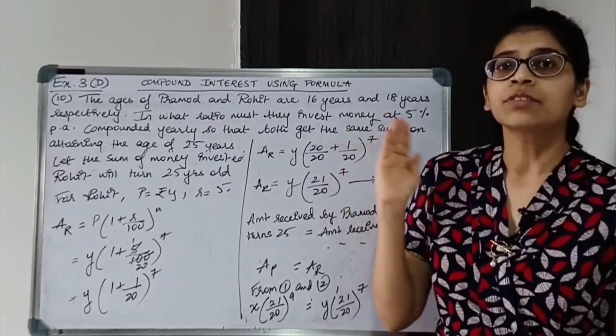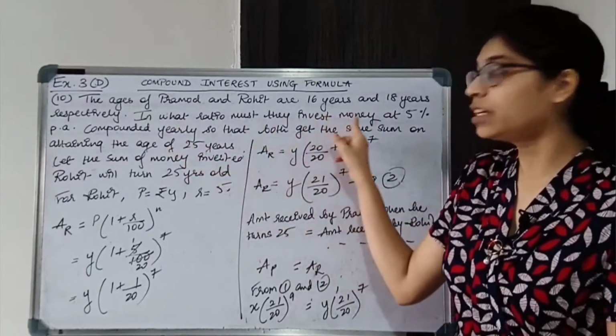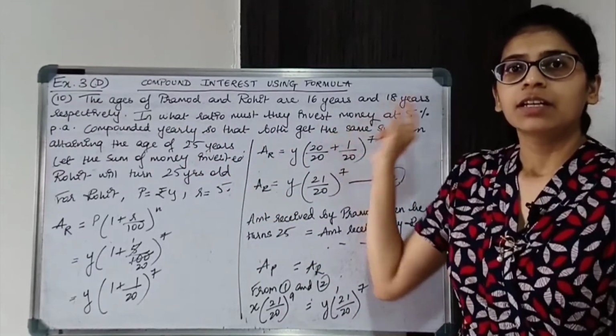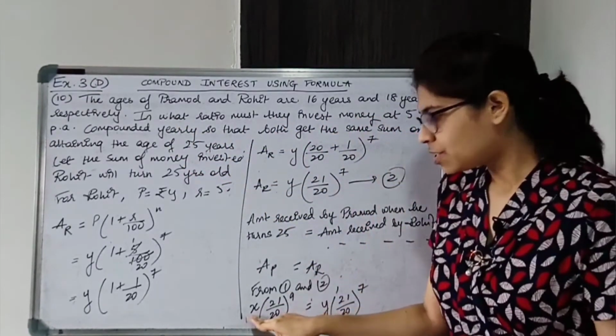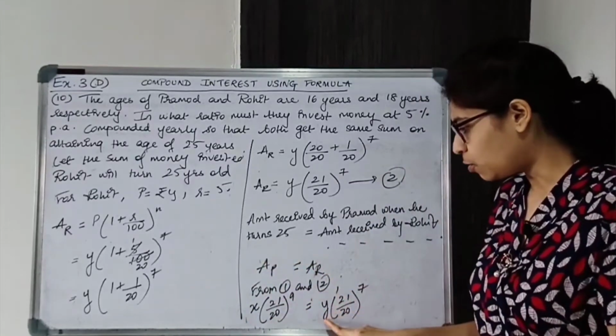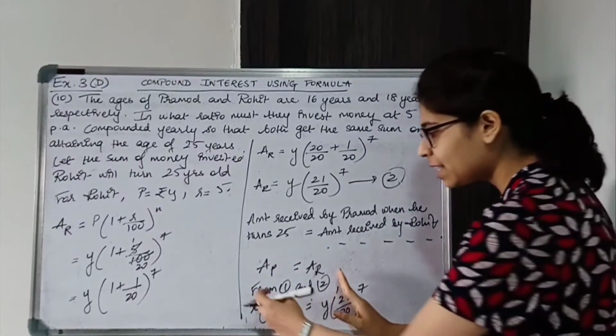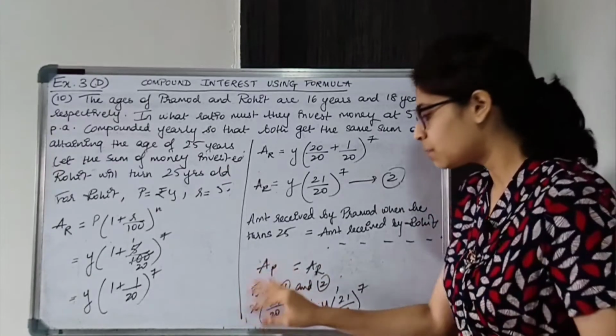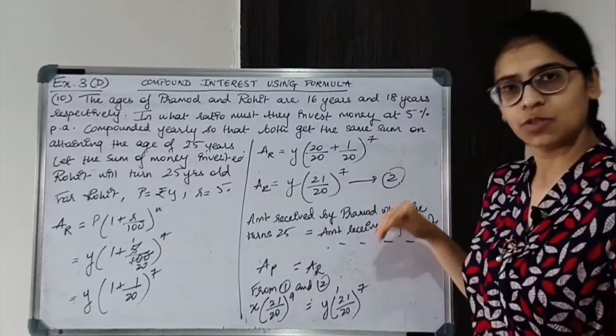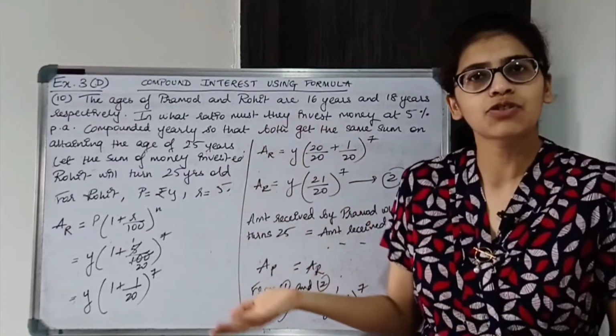Now we need to find in what ratio they invest money. Okay, the money invested by Pramod is x, the money invested by Rohit is y. So bring x and y on one side and the numbers on the other side. Okay, so you'll easily get the ratio.